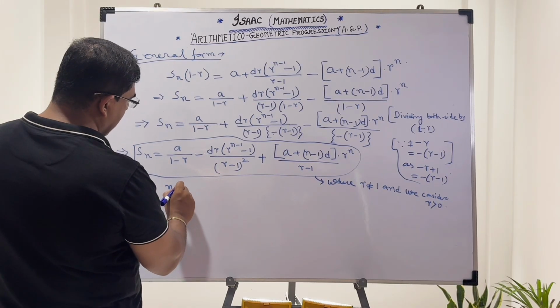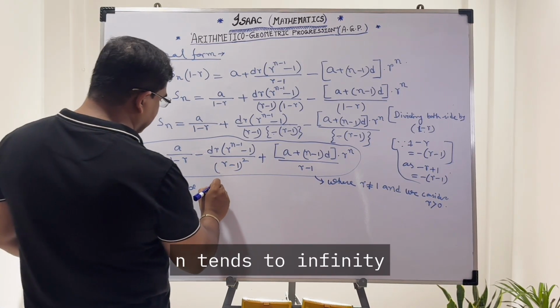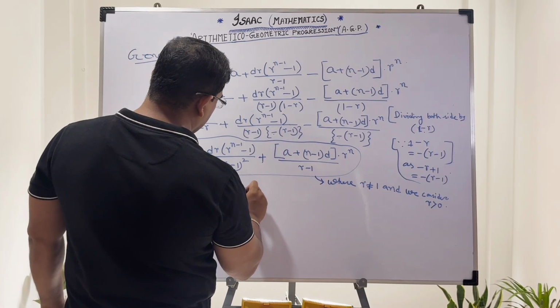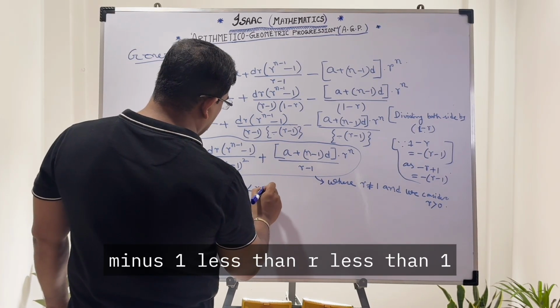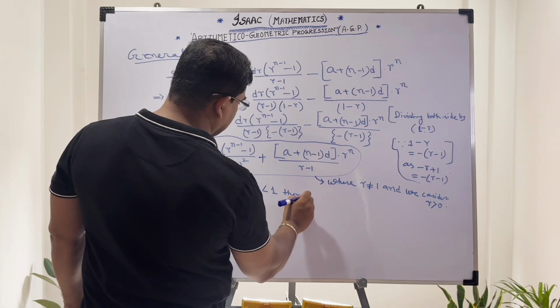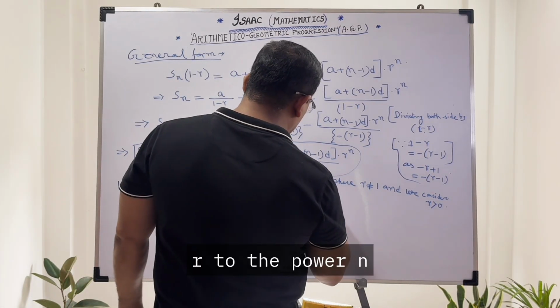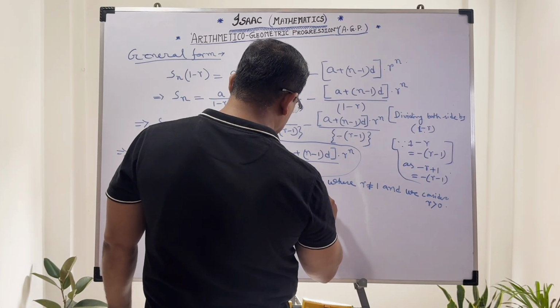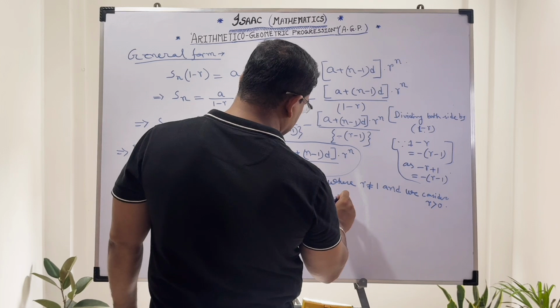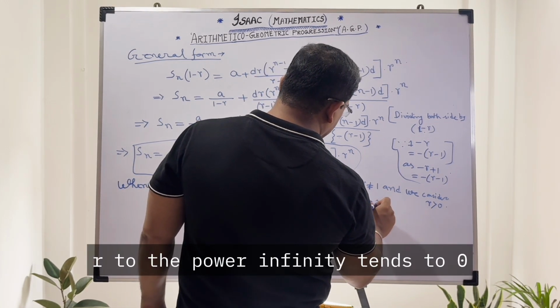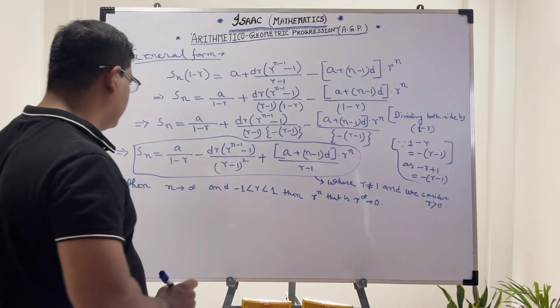When n tends to infinity and minus 1 is less than r is less than 1, then r to the power n, that is r to the power infinity, tends to 0.